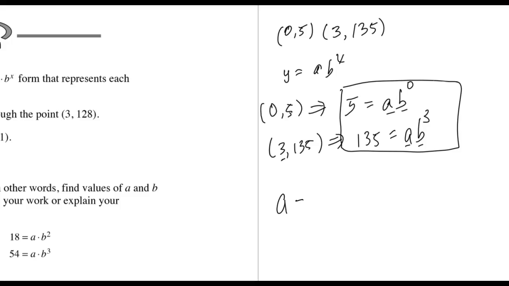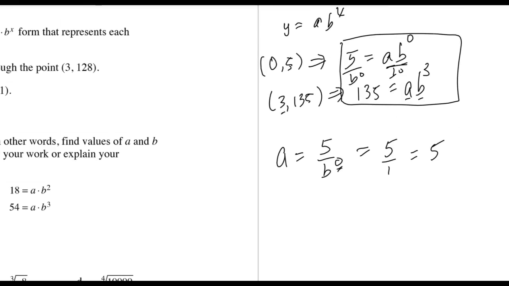So a equals 5 over b to the 0, because if I divide both sides by b to the 0, I get this, right? But this is actually just 5, because b to the 0 power is just 1. So this is 5 over 1, which equals 5. So a is equal to 5. We know that.